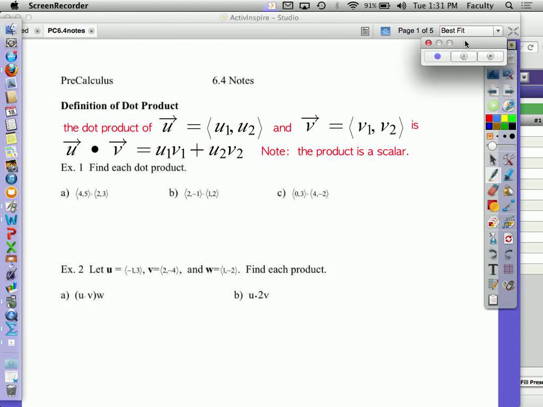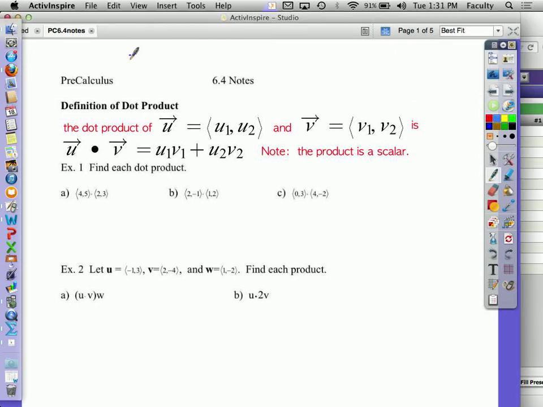Something I wanted to write down before we start: in physics, energy is equal to force times displacement. Well, force is a vector, displacement is a vector, but the answer, energy, is a scalar.